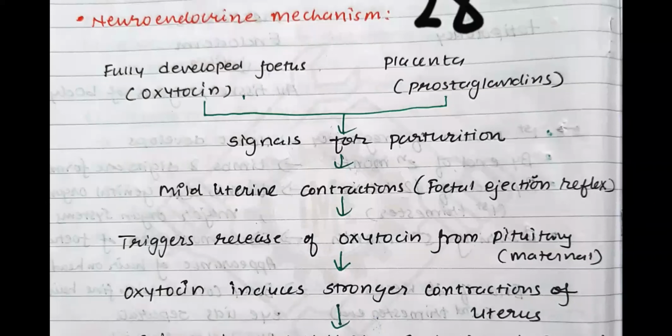When a fetus is fully developed, has completed 9 months of development, it starts release of oxytocin. Parallelly, the placenta starts secreting the special lipoid chemicals, which are hormone-like compounds called as prostaglandins.